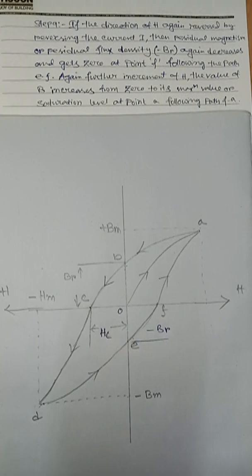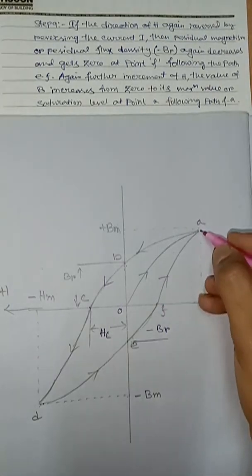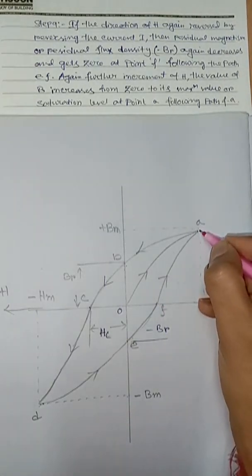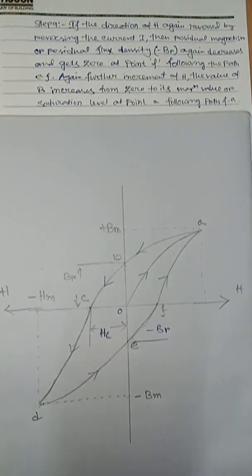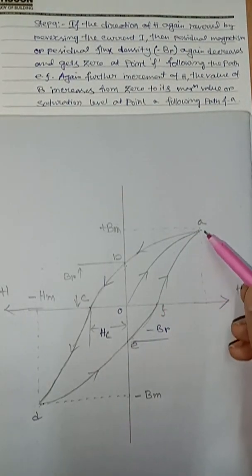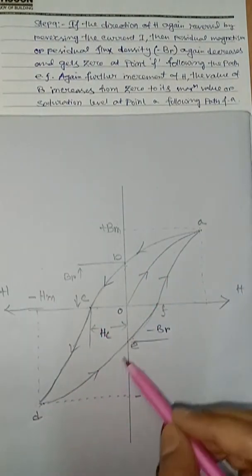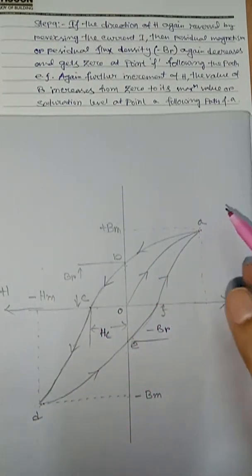With further increment of H, the value of B increases from 0 to its maximum value or saturation level at point A, following the path FA. And here A, B, C, D, E, F, A, this is our hysteresis loop.